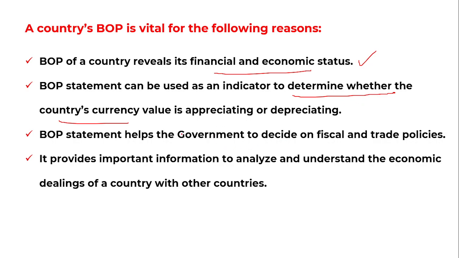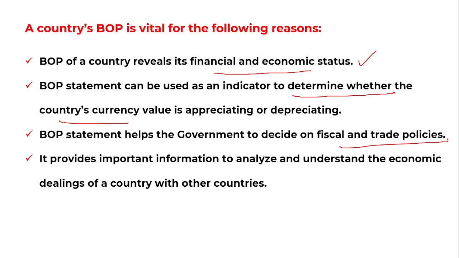Okay, the BOP statement helps the government to decide fiscal and trade policies. When the government decides their fiscal policy or international trade policy, they also see the countries from where we generally import things. Whenever the government does bilateral trade, they generally see the current balance of payment status or current balance of trade status.